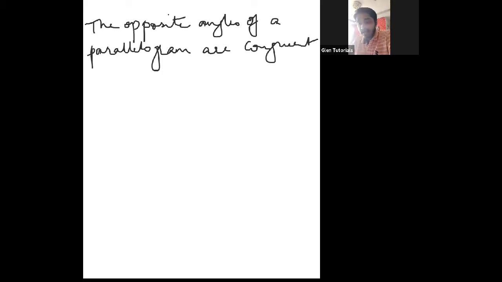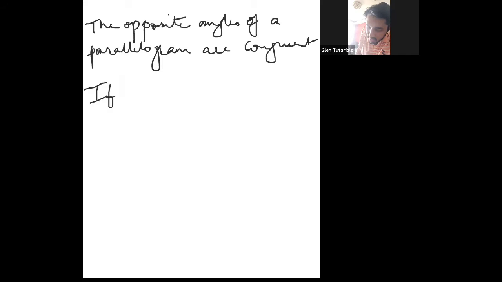So how will we write this? This example I'll make you understand, then you'll be able to do all the others. Opposite angles of a parallelogram are congruent. This is given to us. How will we convert this into an if-then statement?